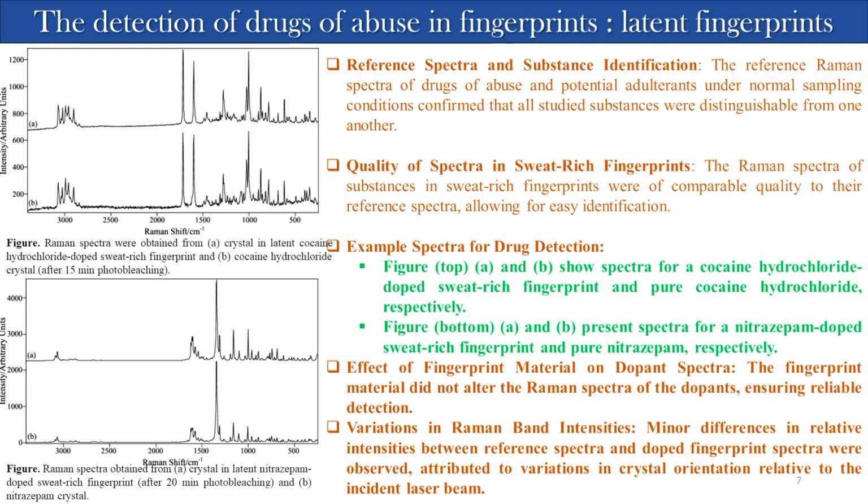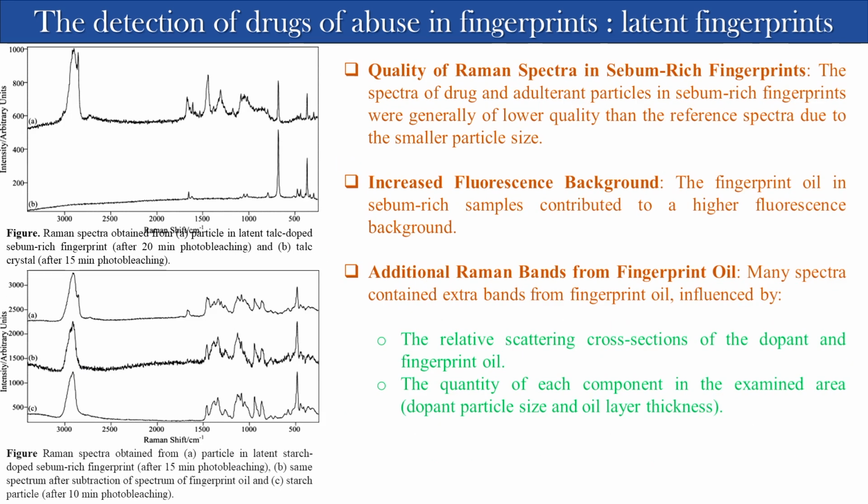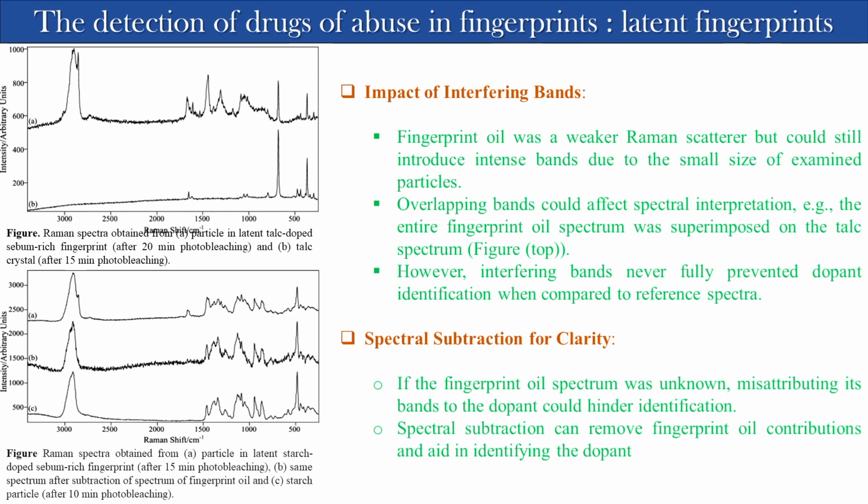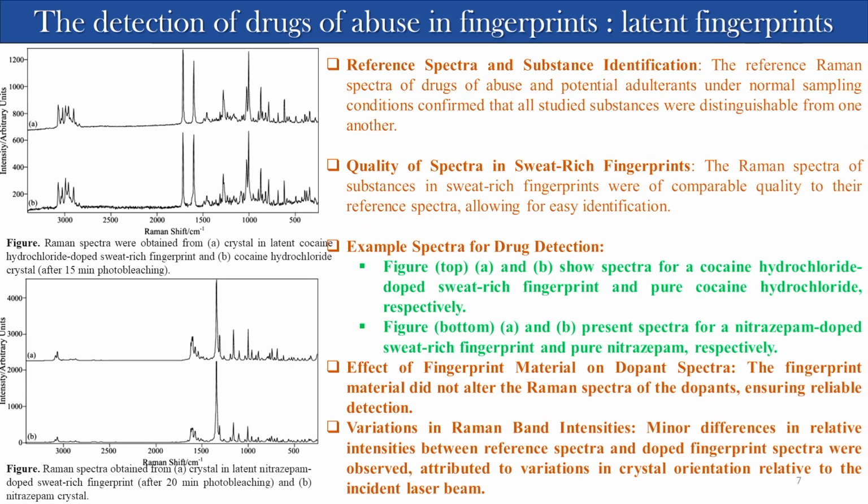Now in this spectrum, A and B, the crystals here are cocaine. This is a cocaine analysis. So you see this Raman spectrum obtained from the crystal of latent cocaine hydrochloride.